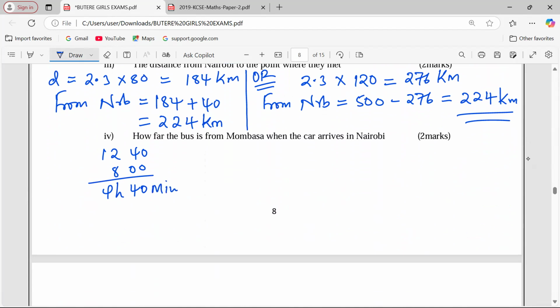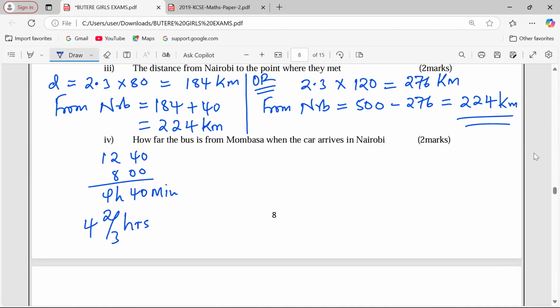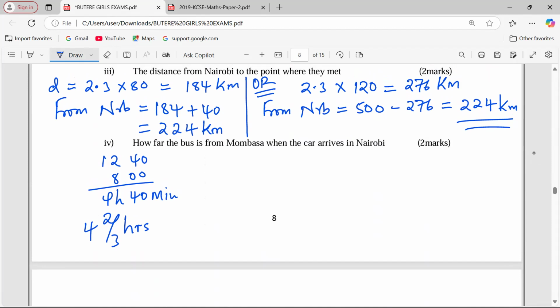So how far has it traveled? You know, 40 minutes can be written as 40 over 60, so that we get the hours there, which is 2/3 hours. So it's 4 and 2/3 hours that the bus has been in motion.